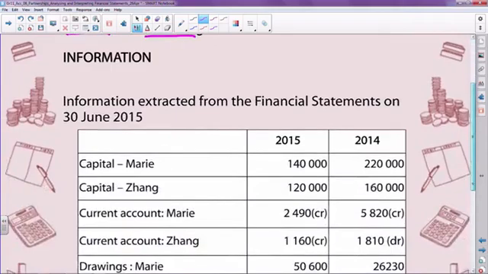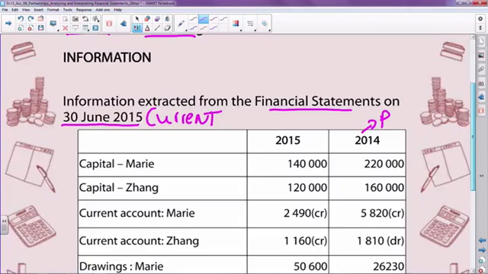So you've got an extract from the financial statements on the 30th of June 2015. Now remember, guys, 30th of June 2015 will be your current year. Okay, right, we've got 2015 and 2014, 2014 being the previous financial year.